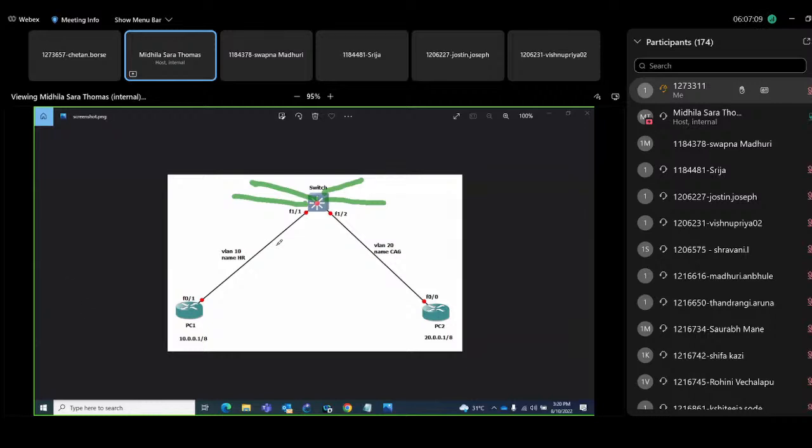So if a message comes from this interface, you tell me, if there are other interfaces with devices connected, this message passes to which all devices? Which all interfaces? You tell me how many interfaces? If a message reaches here and it is a broadcast, it passes to this, this, this, this, that is 5, right? Except the incoming one, it passes.